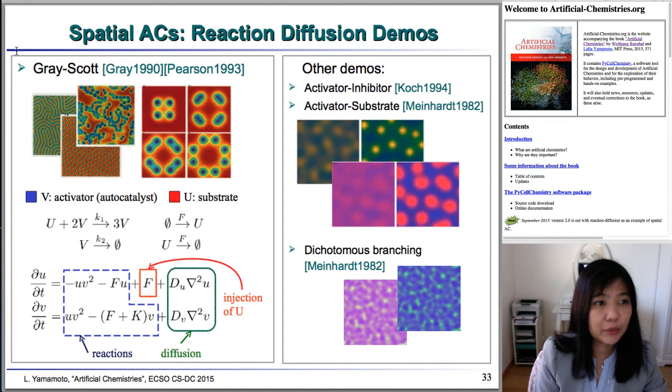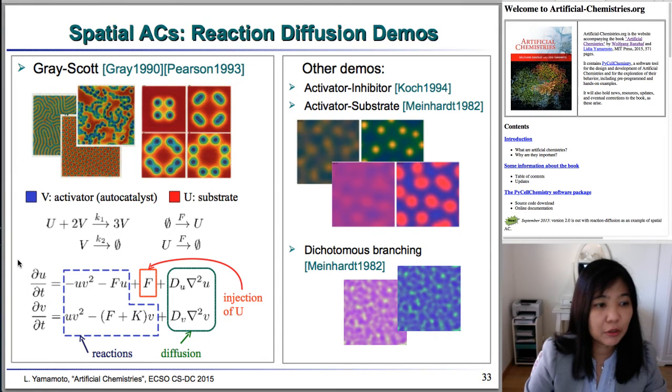Another example is the Gray-Scott reaction diffusion example. This is a very simple system where you have only two chemicals, an activator that consumes a substrate and reproduces, and both chemicals decay, and the substrate has to be injected periodically because it is consumed by the activator.